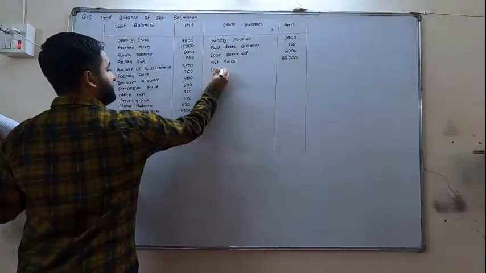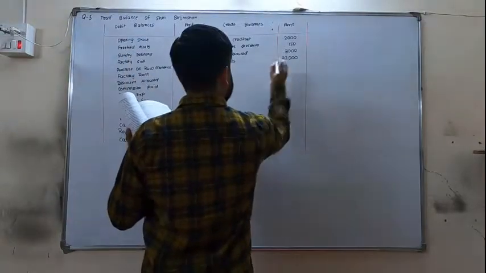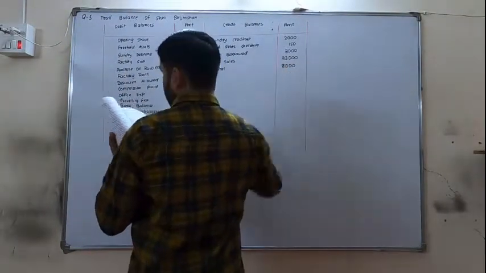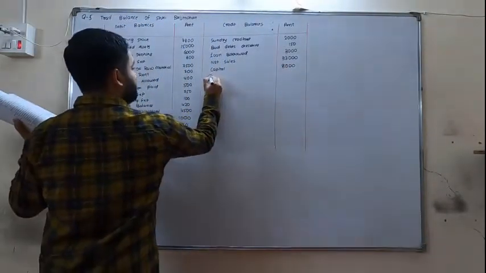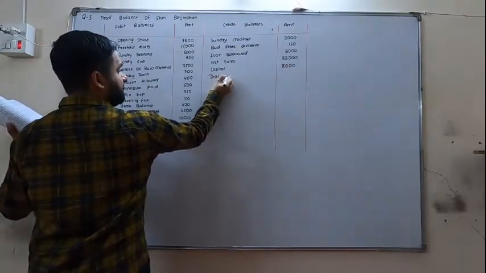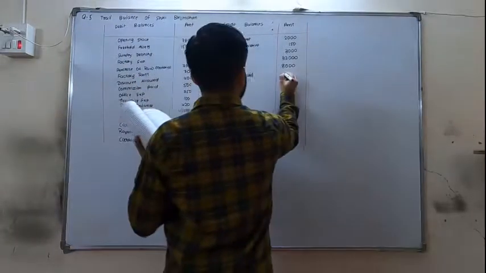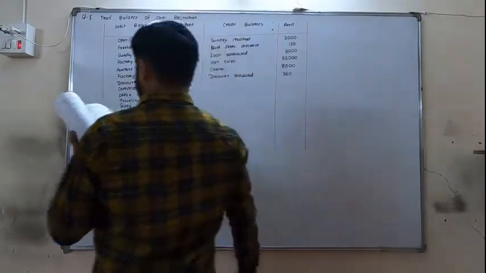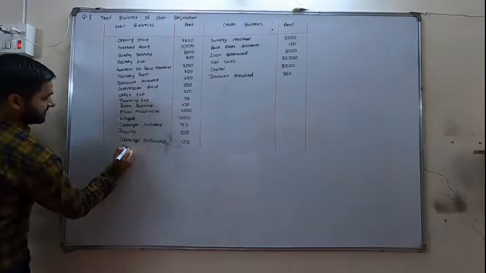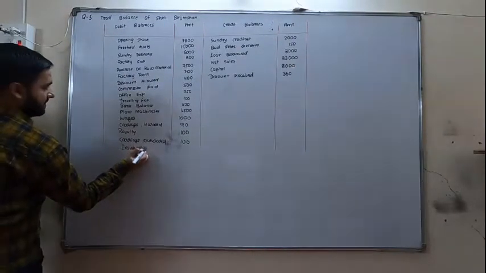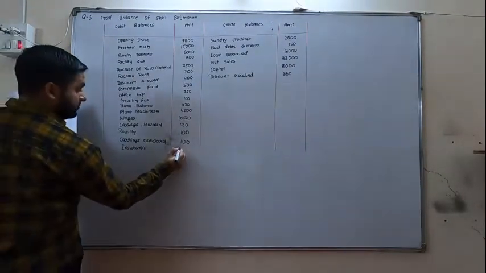Capital is a credit balance, as in a journal we always credit capital. Discount received is our income, so on the credit side, discount received 360. Insurance is our expense, so on the debit side, insurance 200.